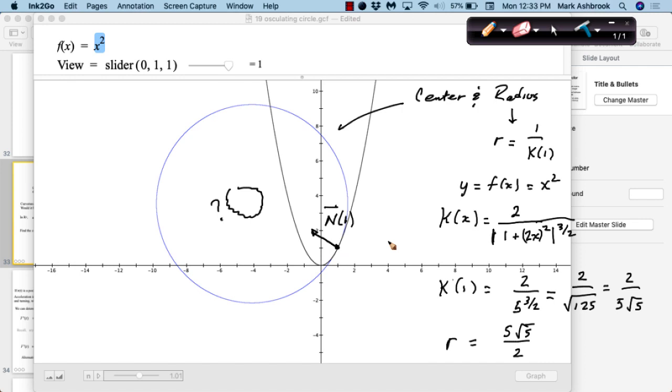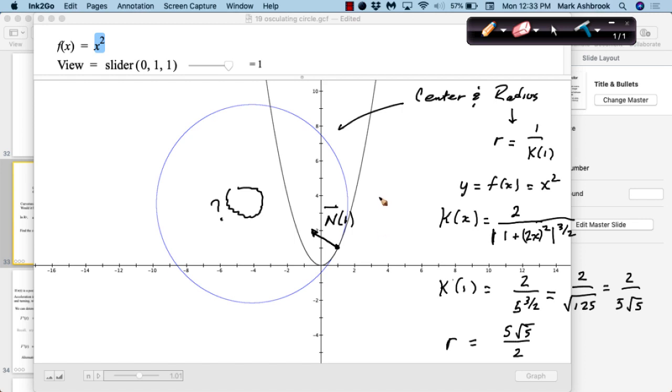Okay, so what is the normal vector at 1? So here we can use our trick. How can we figure out the normal vector at 1? How are we going to get the normal vector now? Okay. Find the tangent. All right. How are we going to get the tangent?